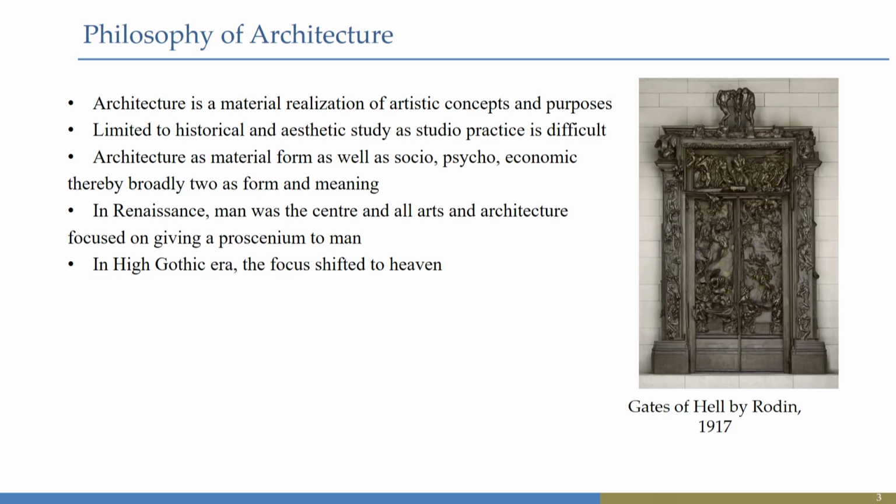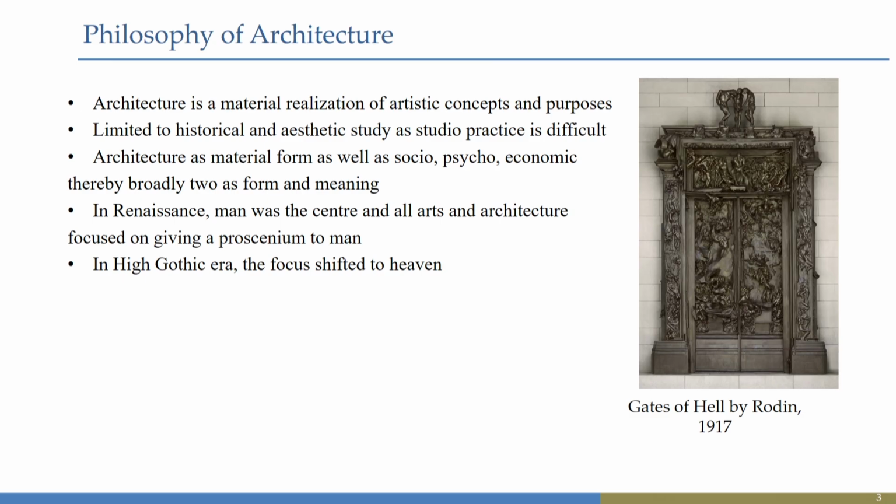Particularly in architecture, when you give a material form, it takes the form of an architectural object or a built structure. So, we will have to look at architecture from that angle. It is an activity that gives materialistic form to artistic concepts and purposes.